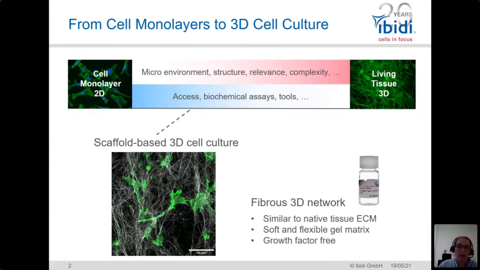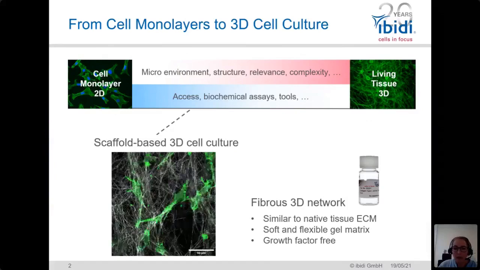The advantage of 3D compared to two-dimensional cell culture is that the cells receive signals from all sides like it is in the body. One possibility is to image cells in the 3D cell matrix, for example, in a 3D collagen, which is very similar to the extracellular matrix in the body.